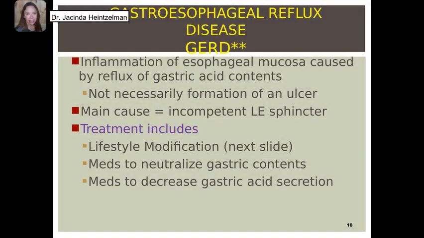Let's talk a little bit about GERD. This is a pretty common disorder that a lot of patients are dealing with. And the thing that we should remember is that now all of these products are found over the counter. So the patient can really self-diagnose and self-treat; they just go to the pharmacy and pick up the medications. Well, the problem with this is sometimes they forget to tell their healthcare provider.